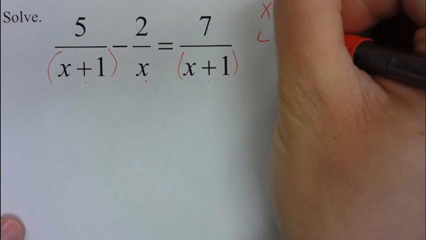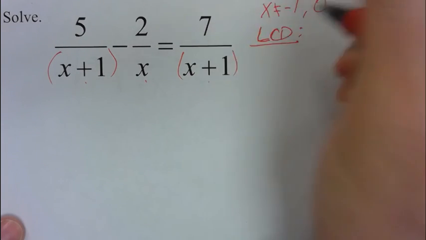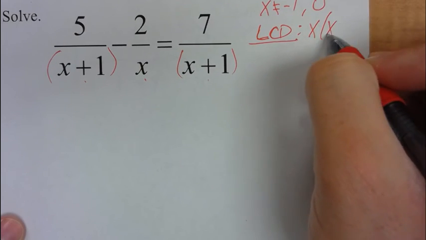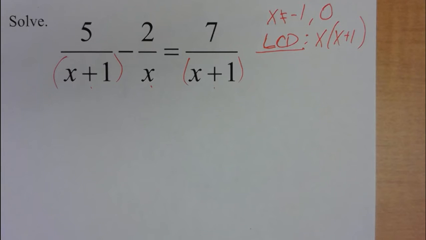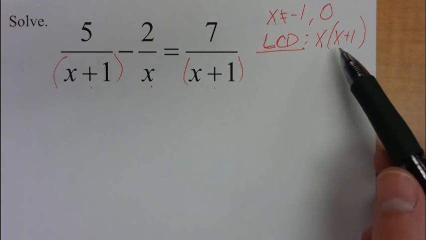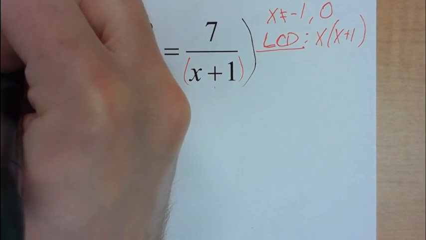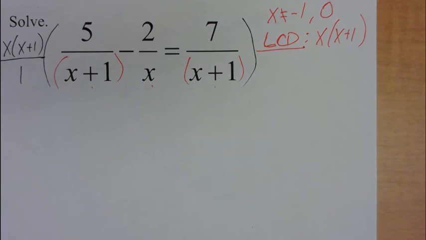Second step, our lowest common denominator. Our lowest common denominator here would be x and x plus 1. And that means, like our last problems, we're going to multiply across the whole problem. So the whole problem, x times x plus 1 over 1 times everything.